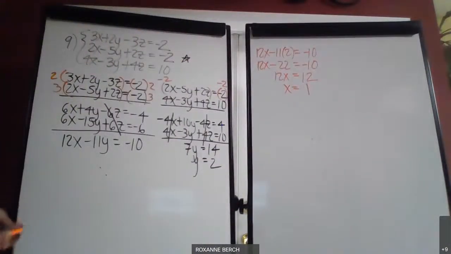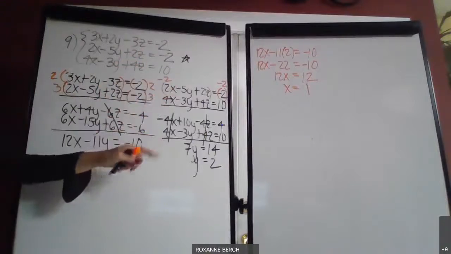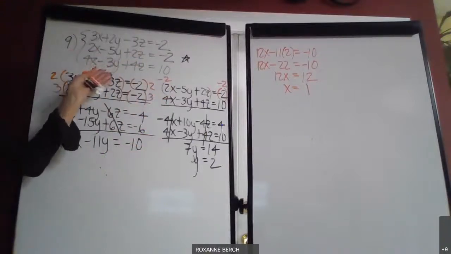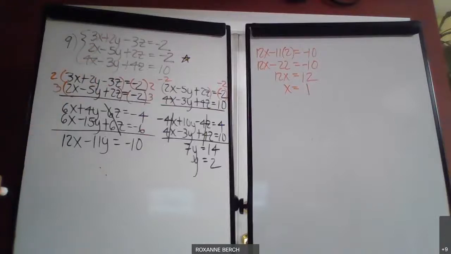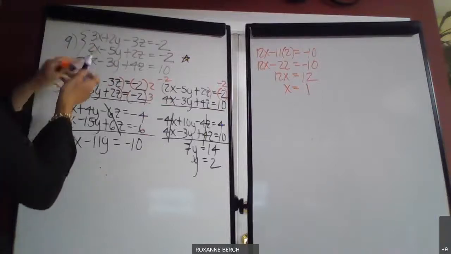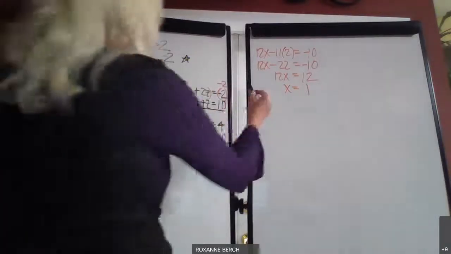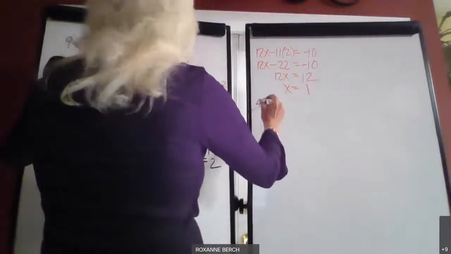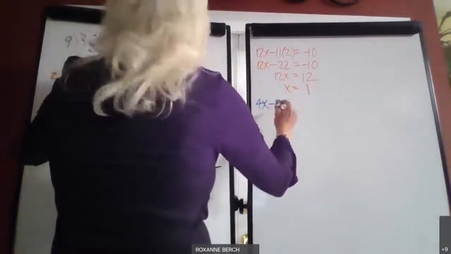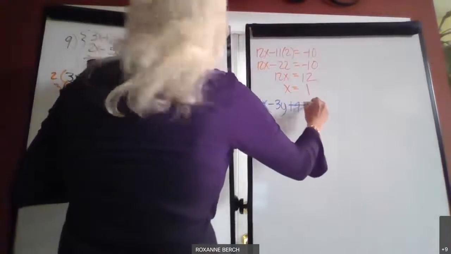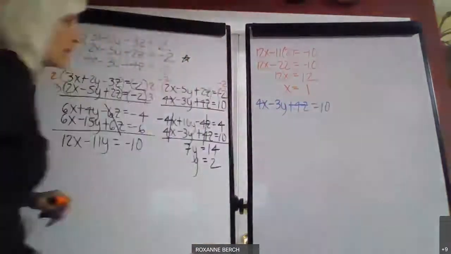So now, since we know x and y, we can find z by putting it back into one of these. I'm just going to use this one because it has less negatives. So 4x minus 3y plus 4z equals 10.